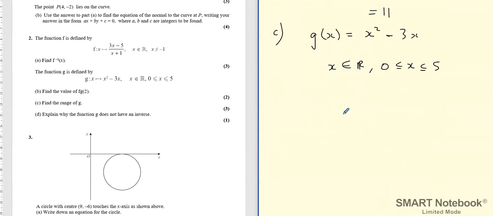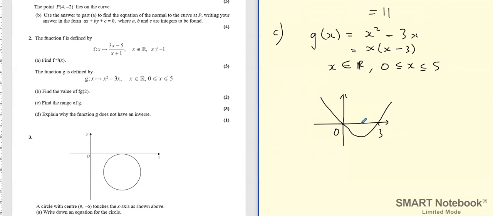So I'm going to sketch g. Now this is a quadratic, very simple to sketch. If I factorize this, x times x minus 3, we know the roots are 0 and 3. So I'm going to draw a quadratic that goes through 0 and 3.